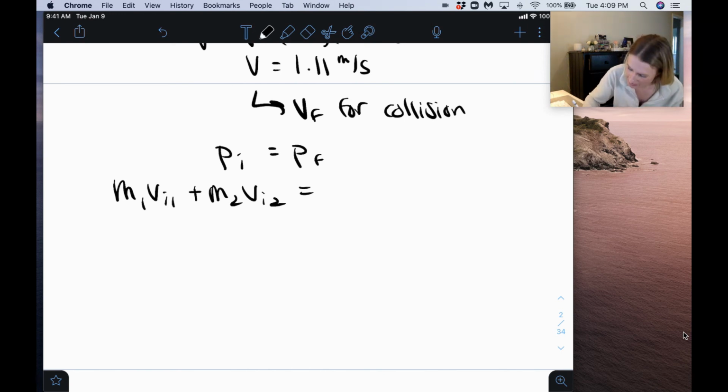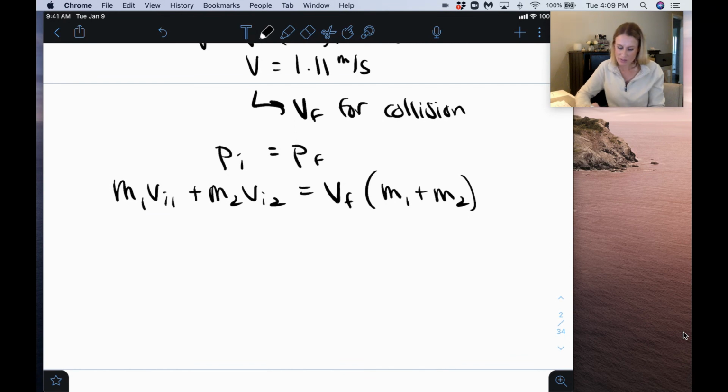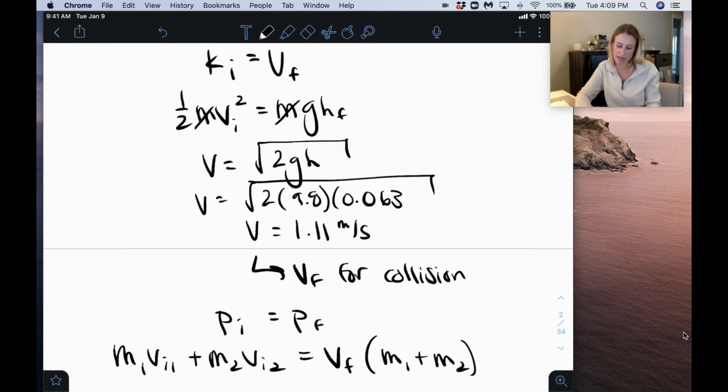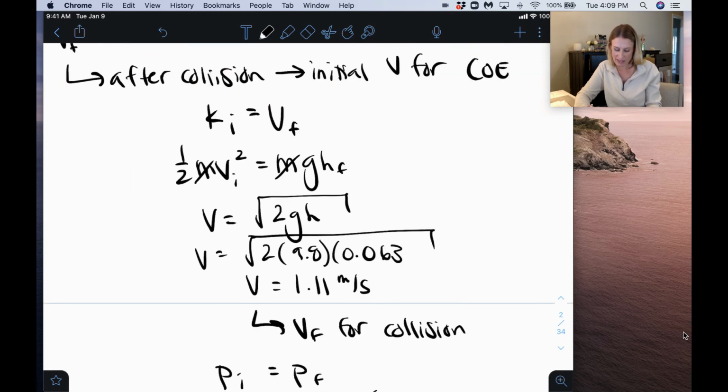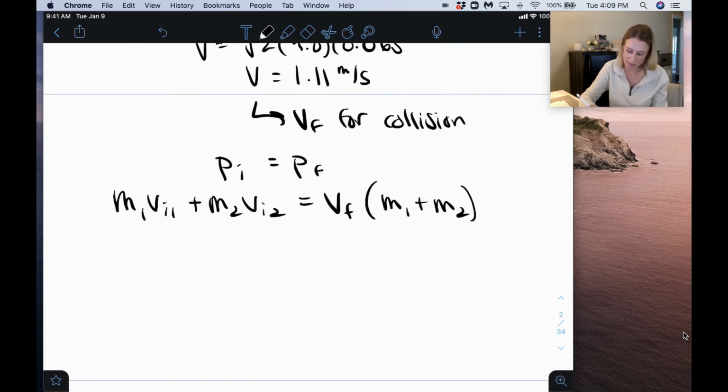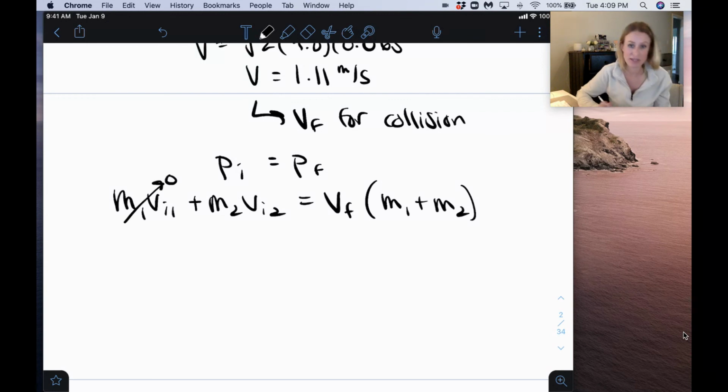So we can use the inelastic collision equation, final velocity times the quantity M1 plus M2. I called M1 the block, so the initial velocity of the block is 0, and this whole term cancels out to 0 because V initial 1 is 0. We are looking for V initial 2, so I'm just going to leave that as V initial 2.